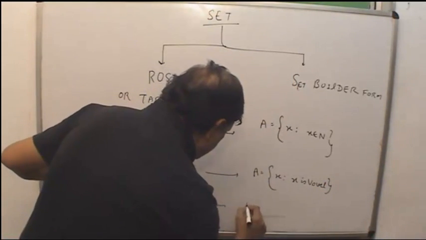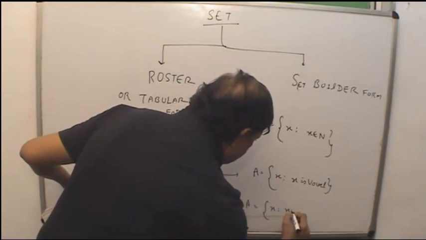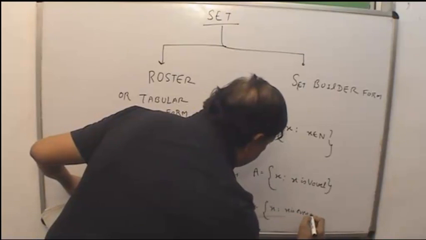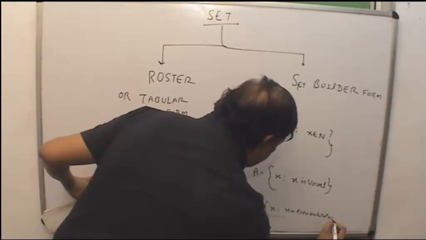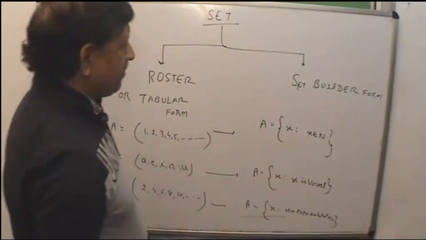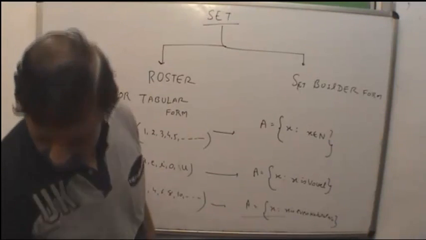And in this A, x is such that x is an even natural number. That is the representation of this set in the two forms, roster form and set builder form.